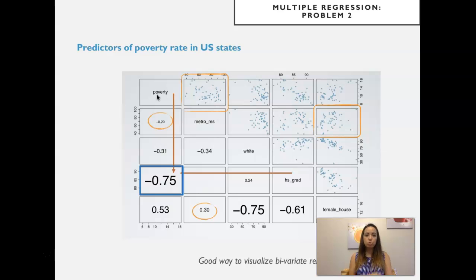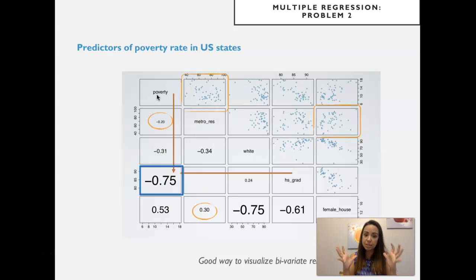There might be also conceptual reasons to select something. For example, it may be your interest to see how the percentage of females that are heads of households relates to poverty. So if you have a state in the US that has a very high percentage of females that are the only head of the household, there's no male, there's just one breadwinner, and that breadwinner is a female.